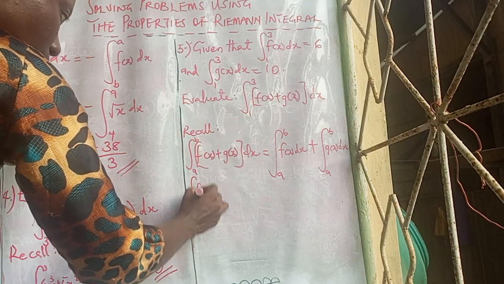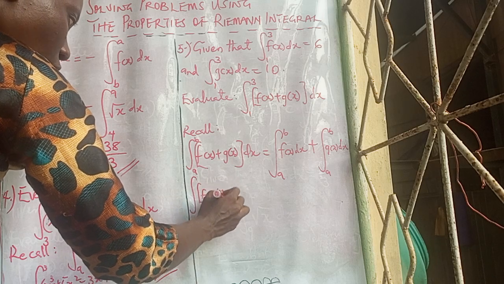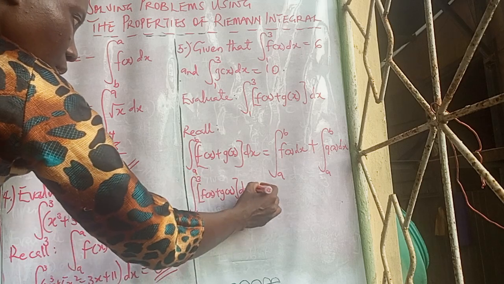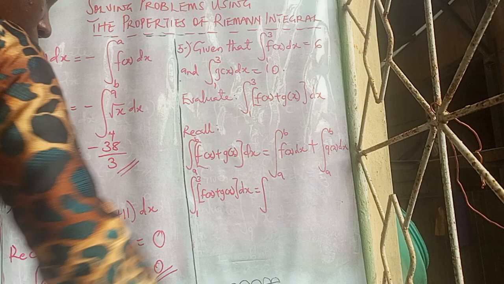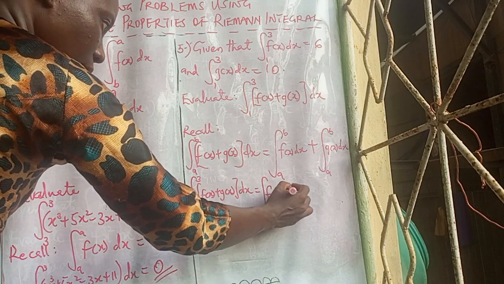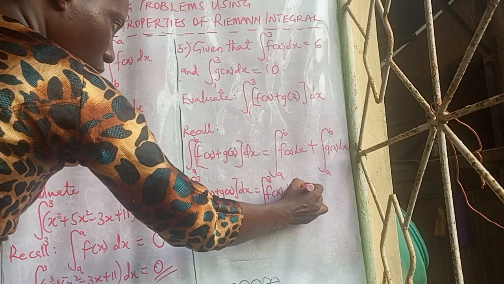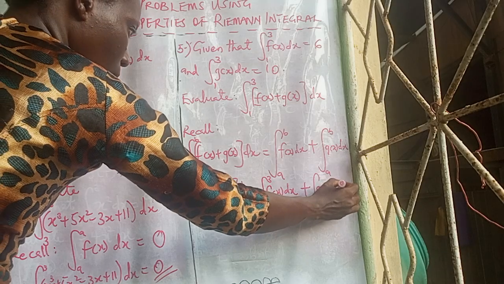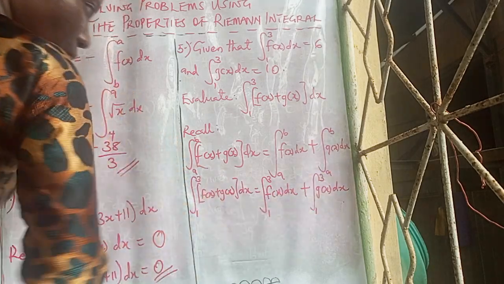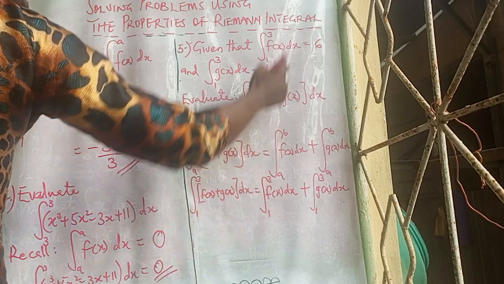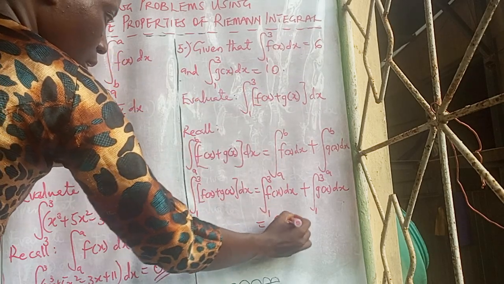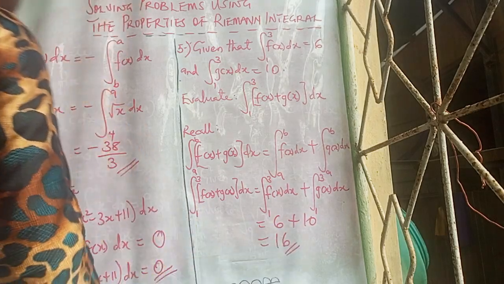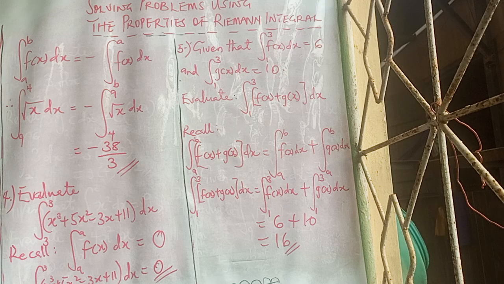The integral of f of x plus g of x dx over the interval 1 to 3 will equal the integral of f of x dx over the interval 1 to 3 plus the integral of g of x dx over the interval 1 to 3. We are told that this is 6 plus 10. And that gives us our answer to be 16.